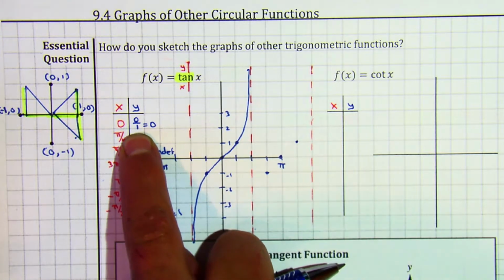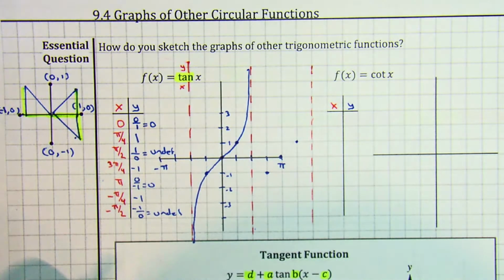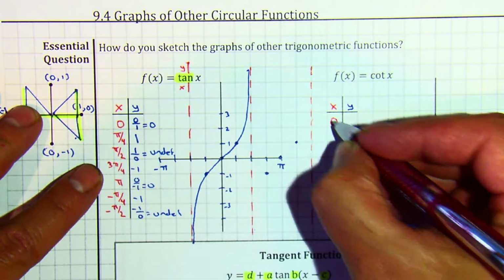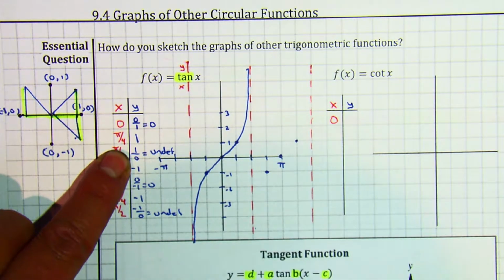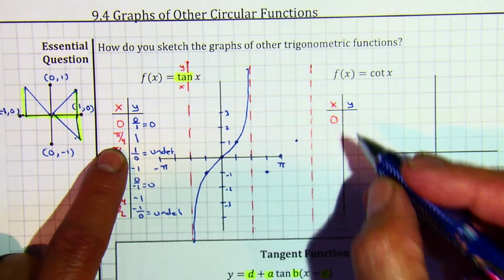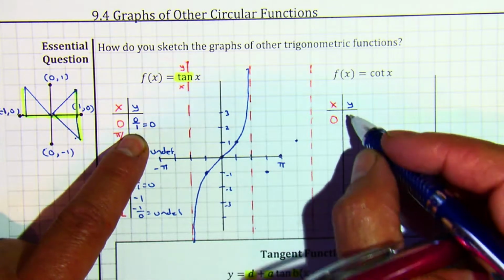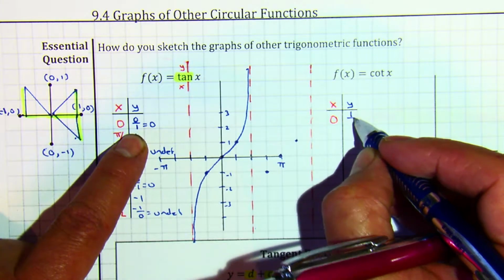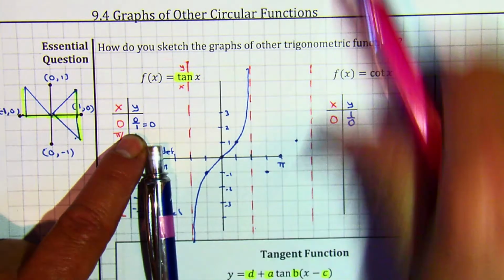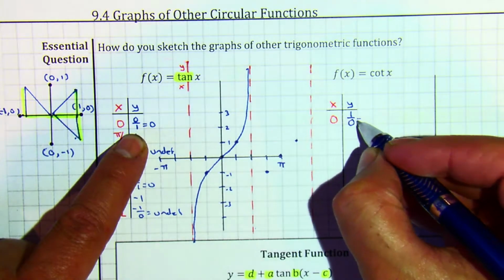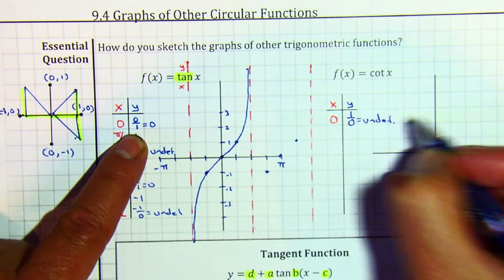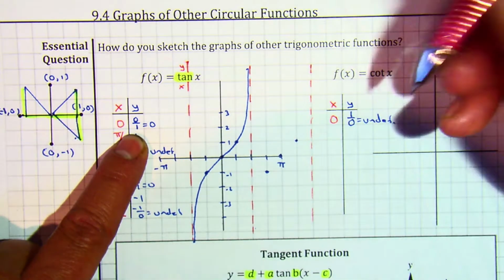So we're going to use this to be able to build our graph. I'll plug in 0. When we plug in 0, it gives us 0 over 1. So now the reciprocal will be 1 over 0, which makes it undefined. So that will create an asymptote.